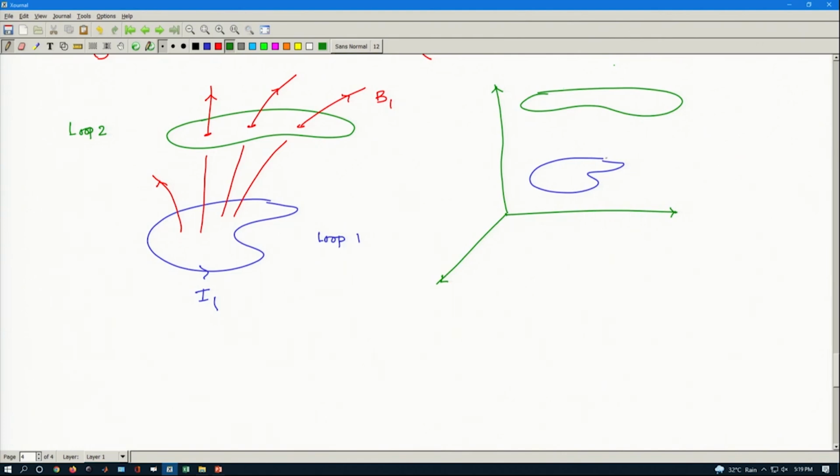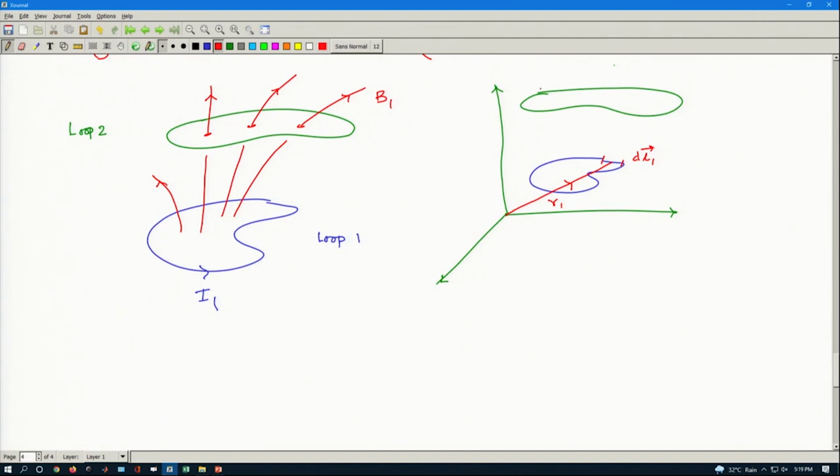So, the small section here, if I draw from here to here, and the length from here to here is, say, R1, and this length I call dL1.